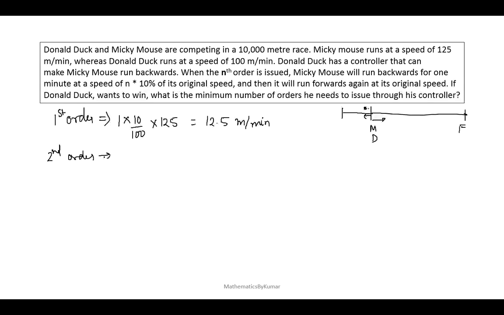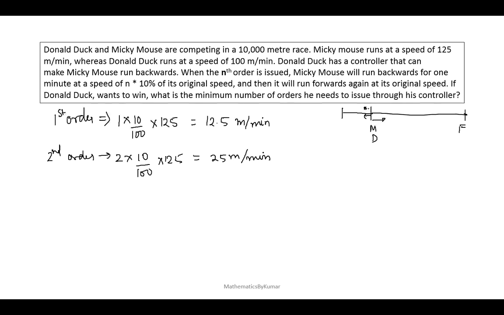Now when the second order is issued, the best way if Donald wants to win in minimum time is to issue consecutive orders. So in the second order, Mickey is going to go back further. This comes out to be how much? 2 times 12.5 is 25 meters per minute. He'll be going back 1 minute, so basically he'll be covering 25 meters.